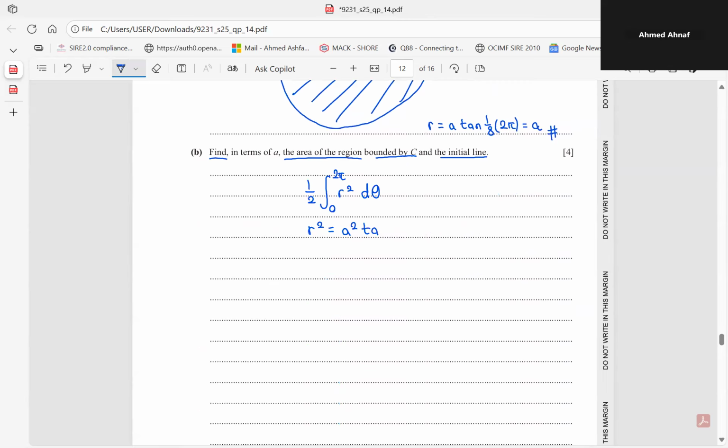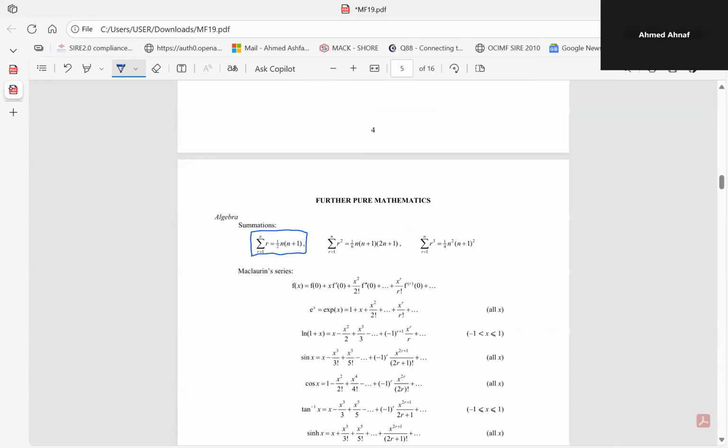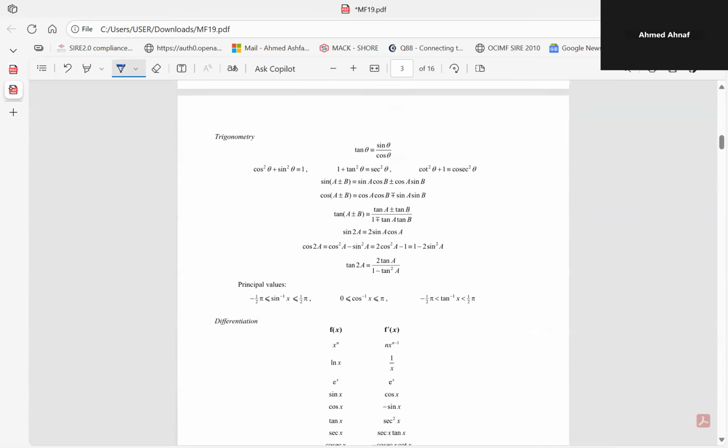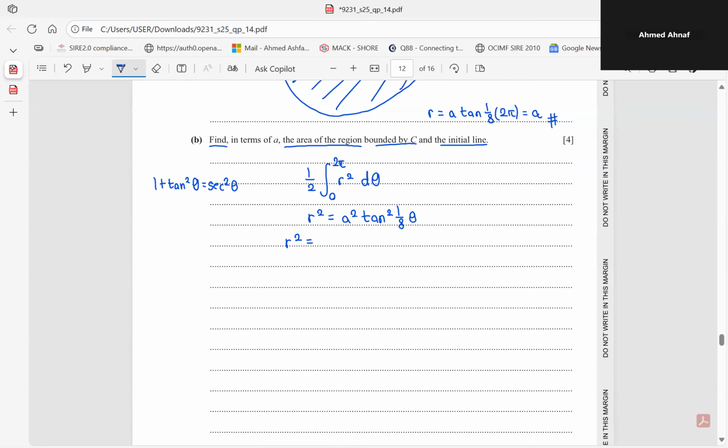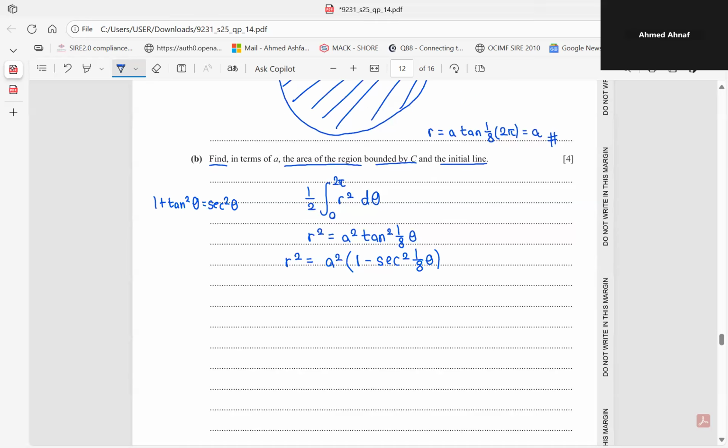So r squared is a squared times tan squared of θ/8. To make this into a form where you can integrate, let's use our trig identities. We know 1 plus tan squared θ equals sec squared θ. It's in your MF19, right here. Making tan squared the subject, you get sec squared θ/8 minus 1.